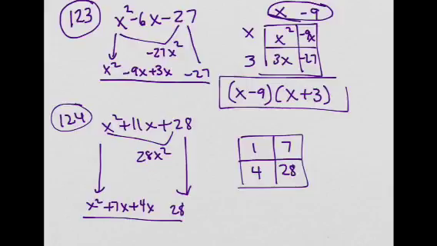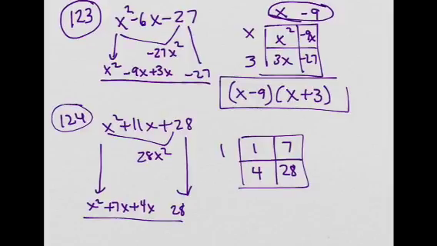So the greatest common factor up here in this row is 1. And then 1 times this is going to give me 1. Well, 1 times 1 gives me 1. And then something times 1 is going to give me 7. Well, 7 times 1 gives me 7.